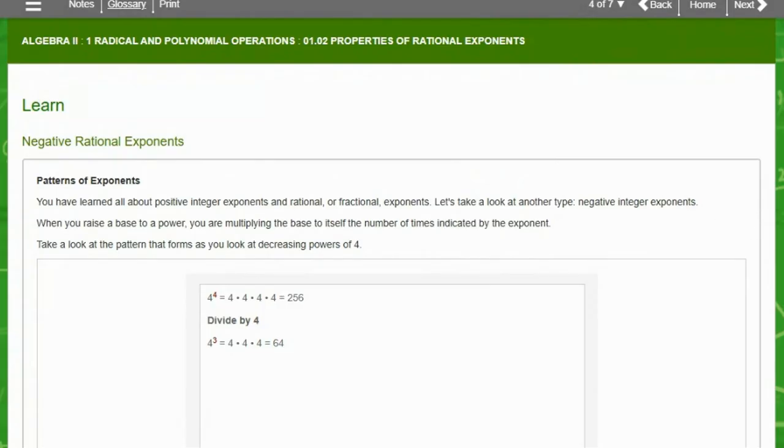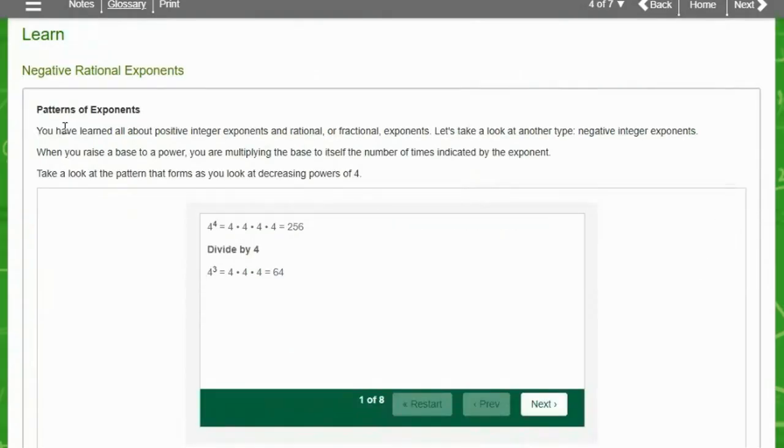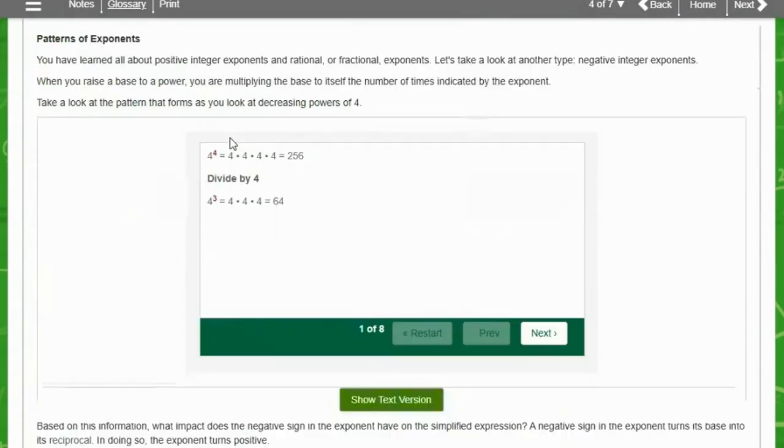All right, so we're looking at patterns of exponents. We're going to take a look at the pattern that forms when you look at decreasing powers of 4. And I like to do this one on paper as well. So let's say we have 4 to the 4th power.